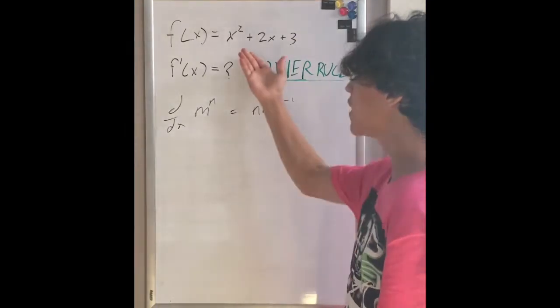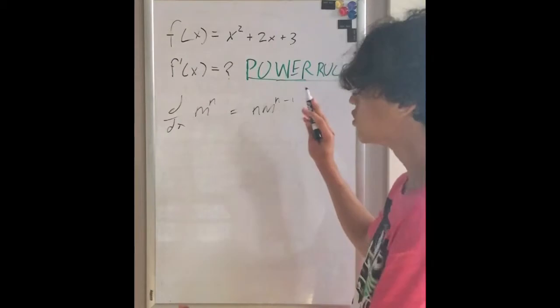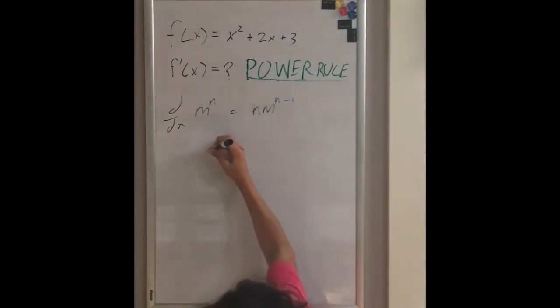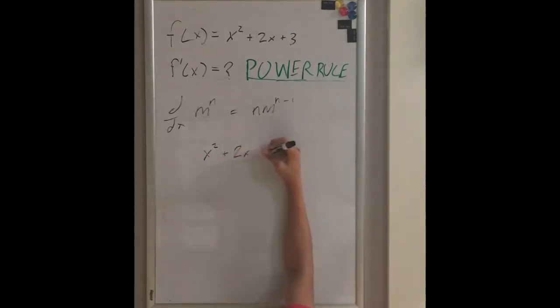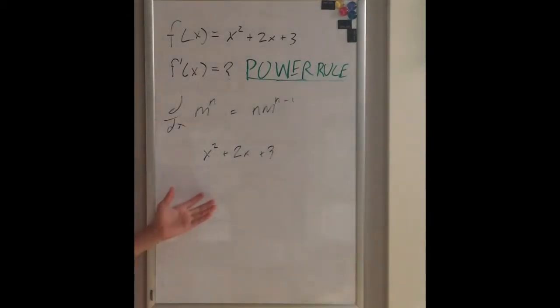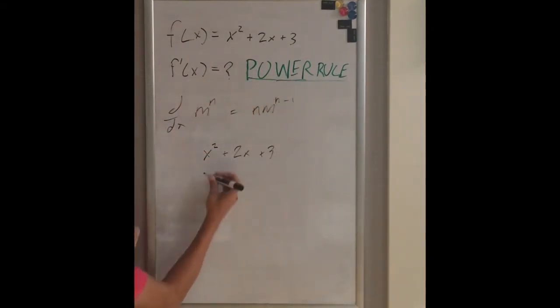So, to apply that to this function, here's what we're going to do. Let me write out the function again for you. So, let's use the power rule on here. The first term, x squared. What are we going to do?